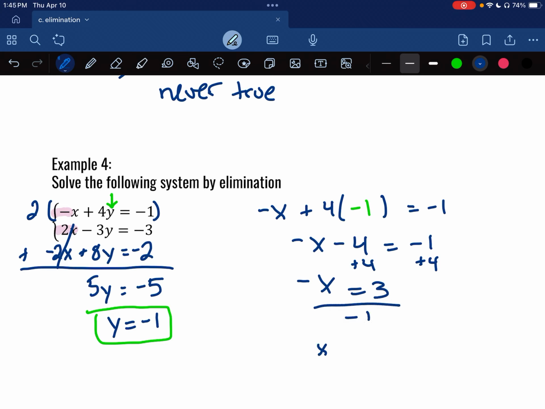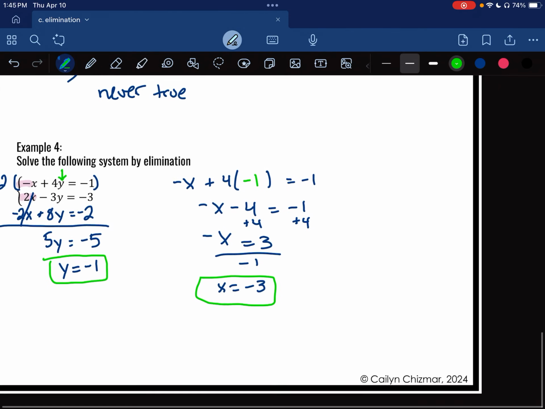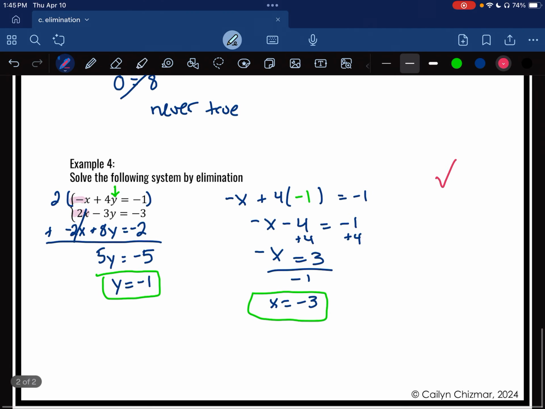Now, before we get too carried away, let's make sure we check our work. Gotta check for both of them. So, top equation, bottom equation. So let's get negative x plus 4y is negative 1, we hope. 2 times x, whoa, what am I writing here? Minus 3 times the y, we hope, is equal to negative 3.